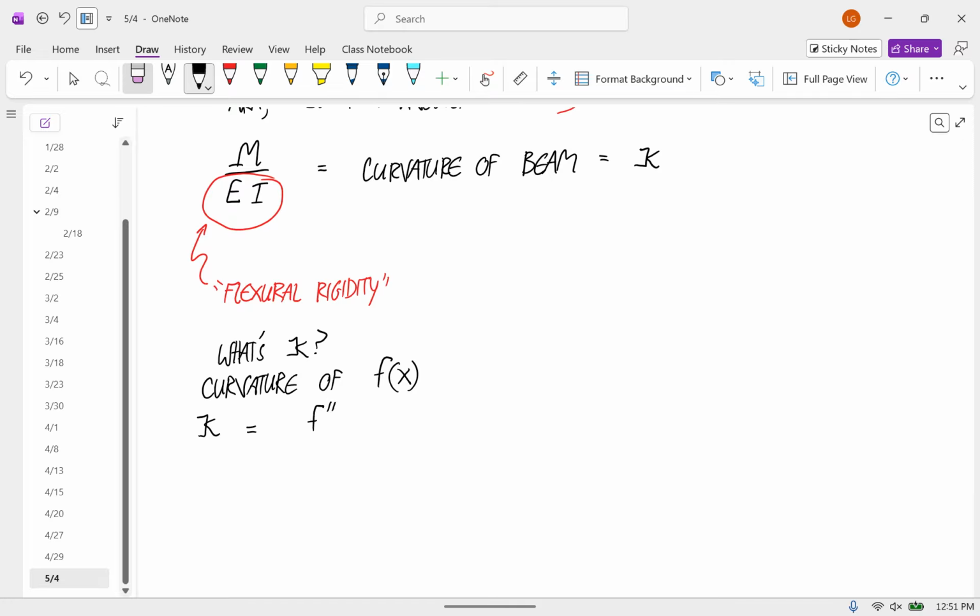It's the second derivative in absolute value divided by, so in the denominator we have the quantity 1 plus the square of f prime of x, and then all of this stuff is to the power of 3/2.